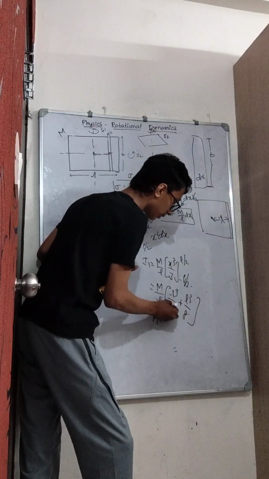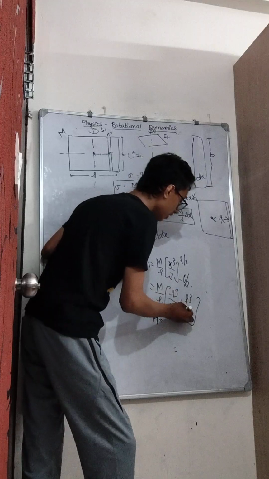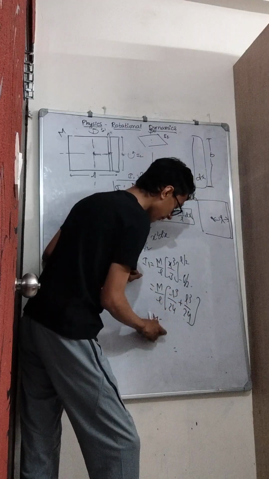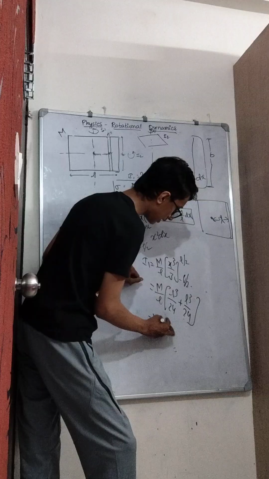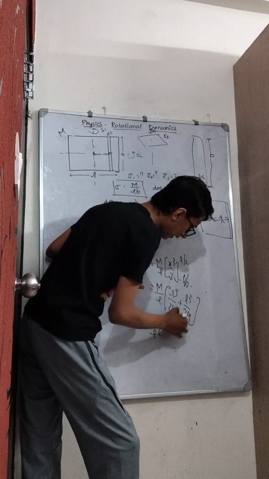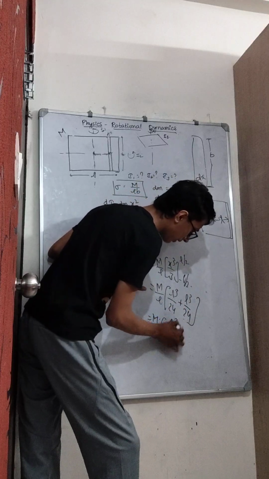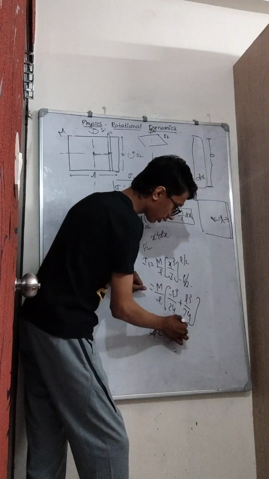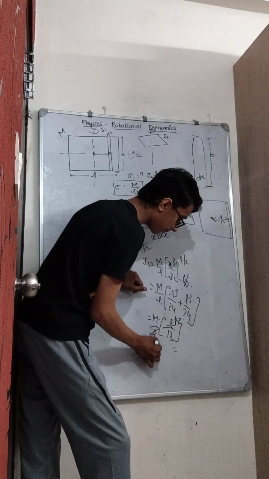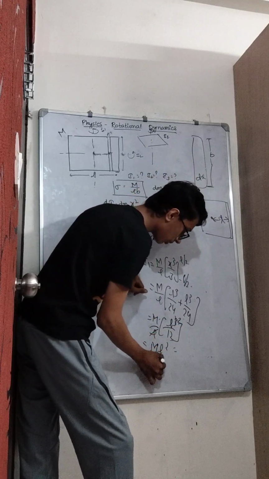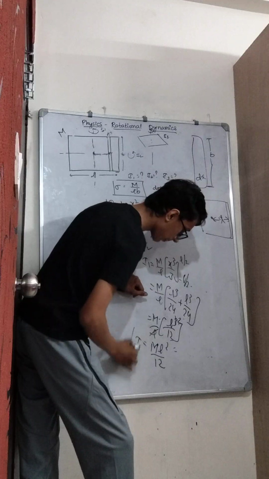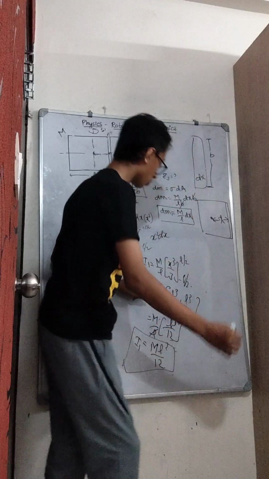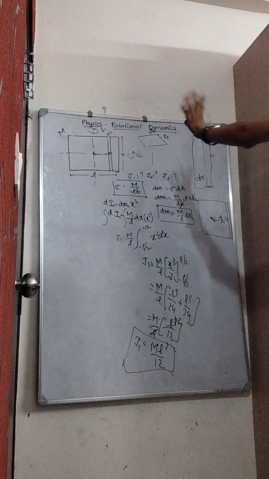Sorry, 24 will come here because the 3 is also there. So 24. So m by L into, so here you will get L cube by 12. So L cube will cancel to get L square. So m L square by 12 is the first inertia. I hope you understood this part, how we got it.